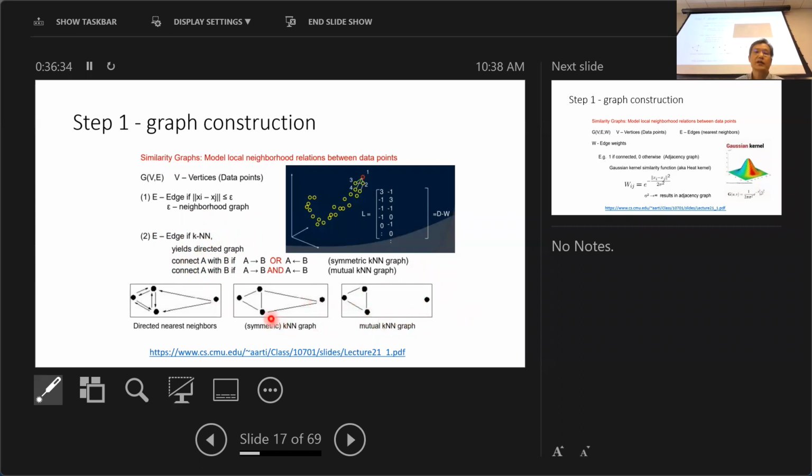You can see there are neighbors from their distance. These two points are the nearest distance for this one in the corner, but not necessarily the opposite. So you can build a directed nearest neighbor graph.